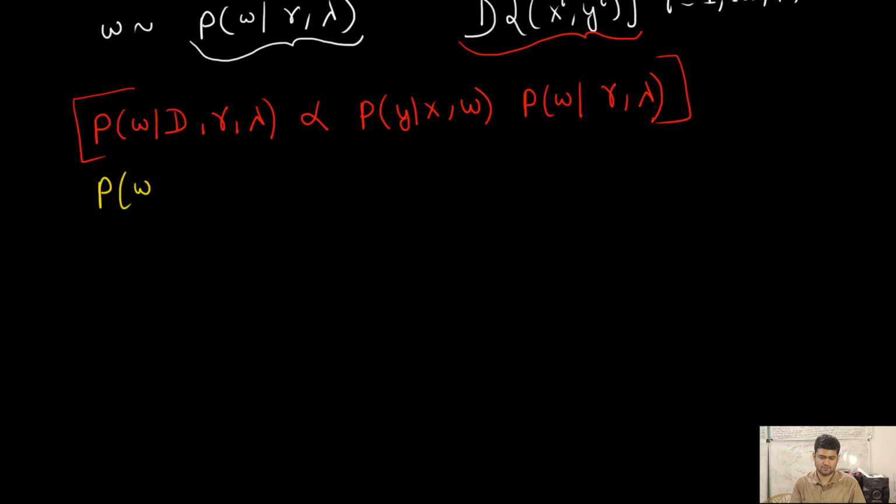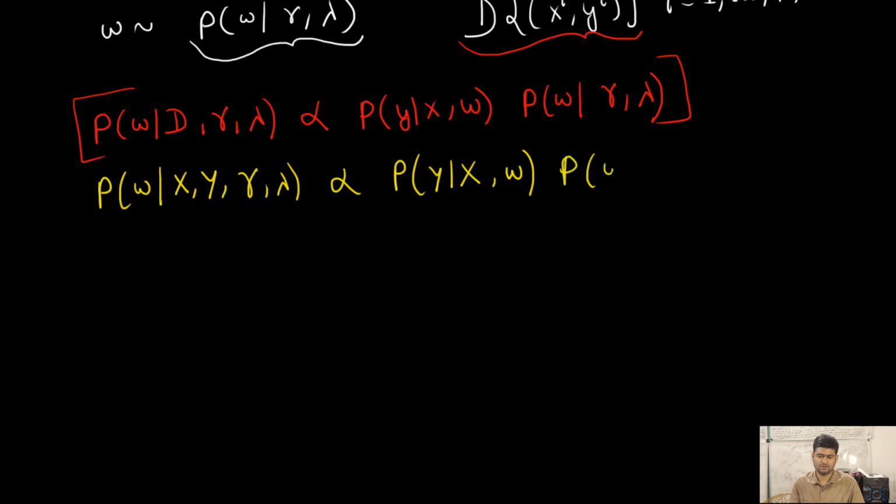We are just representing all the xi's with a matrix X and all the yi's with a vector Y. So P of W given X, Y, gamma and lambda is directly proportional to P of y given x, comma W, times the probability of P of W given gamma and lambda.